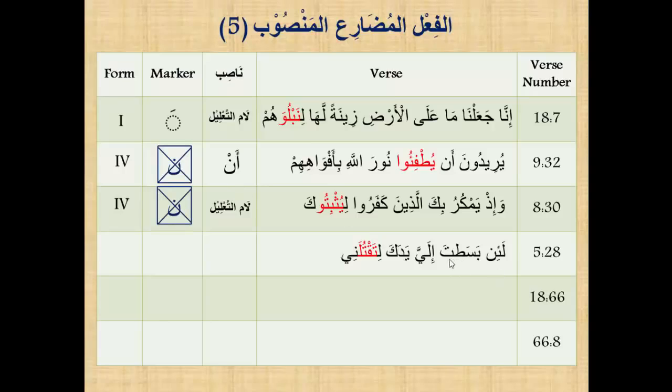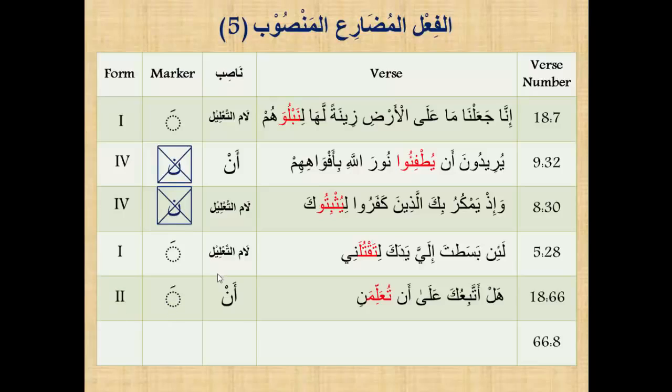لَإِن بَسَطْتَ إِلَيَّ يَدَكَ لِتَقْتُلَنِي. Lam ta'lil. The marker is the fatha, and this is a form 1 verb. هل أتبعك على أن تعلمني. We have an followed by fi'l mudari' mansub, تعلمني. So we see the fatha, that is the marker.